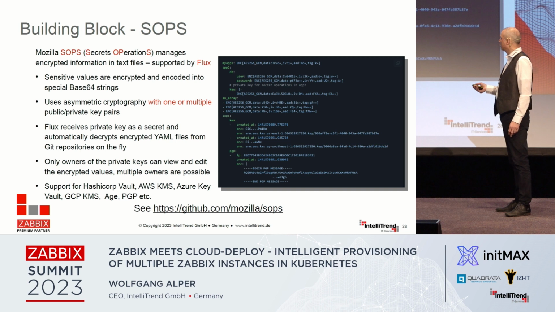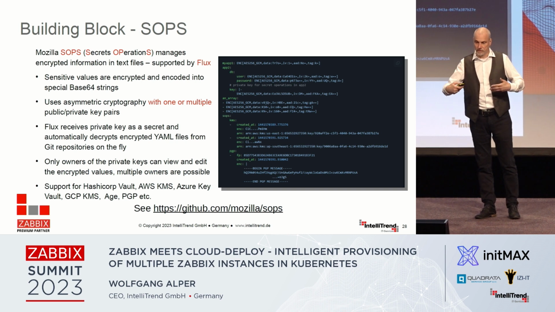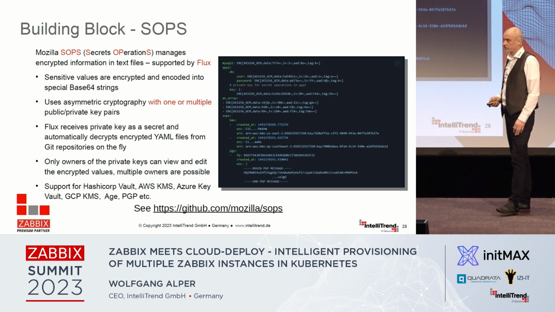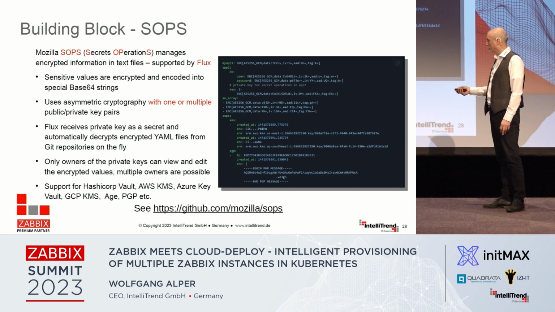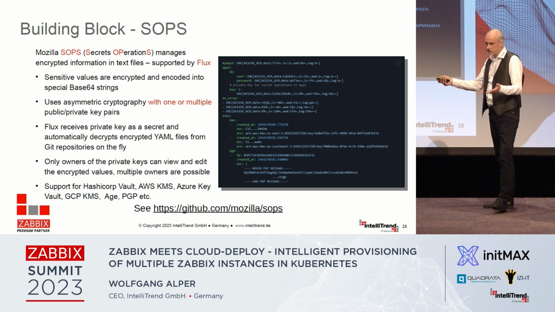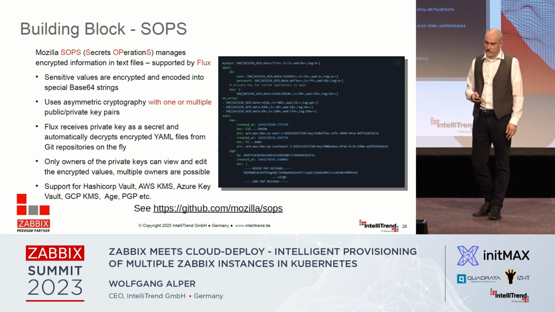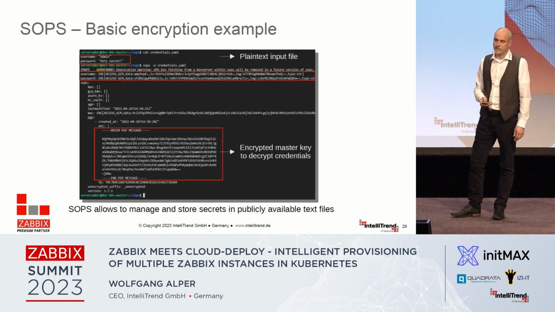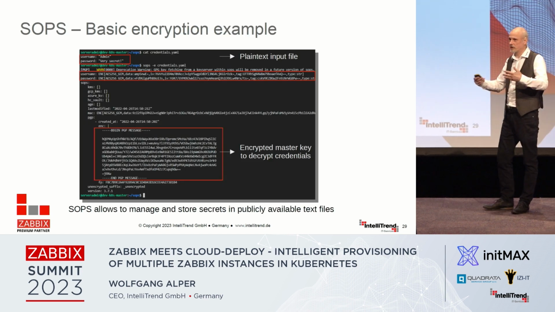And then they add meta information to inform SOPS how this critical information has been encrypted and how you can decrypt it again. They have native support for different encryption providers, like HashiCorp Vault, AWS KMS, Azure Key Vault, GCP KMS, and PGP. So it's very, very flexible. I really encourage you to visit the website, it's cool stuff. But for our purpose, let's have a look at how it would work in practice.